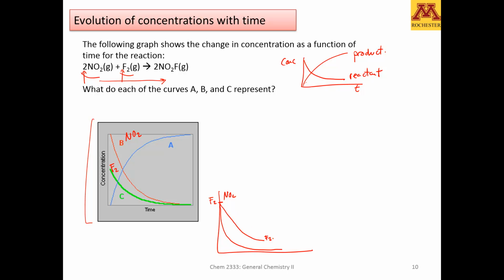This being F2, this being NO2. And it's clear that if there is a 2 in reactants and a 2 in products, the NO2F, the only product in this case, will have to appear at the same rate at which the reactants disappear. Okay?